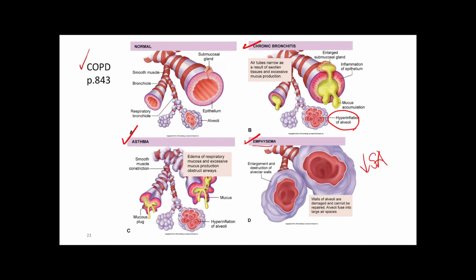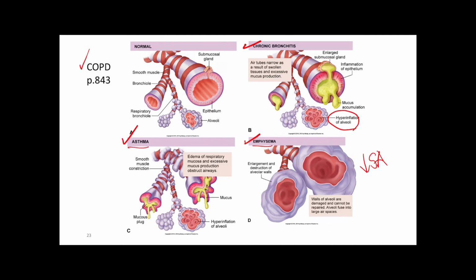And when you have loss of surface area, you have loss of efficient gas exchange. We talked about surface area previously. So unfortunately, in folks that have emphysema, that surface area and those small alveoli cannot be regained.